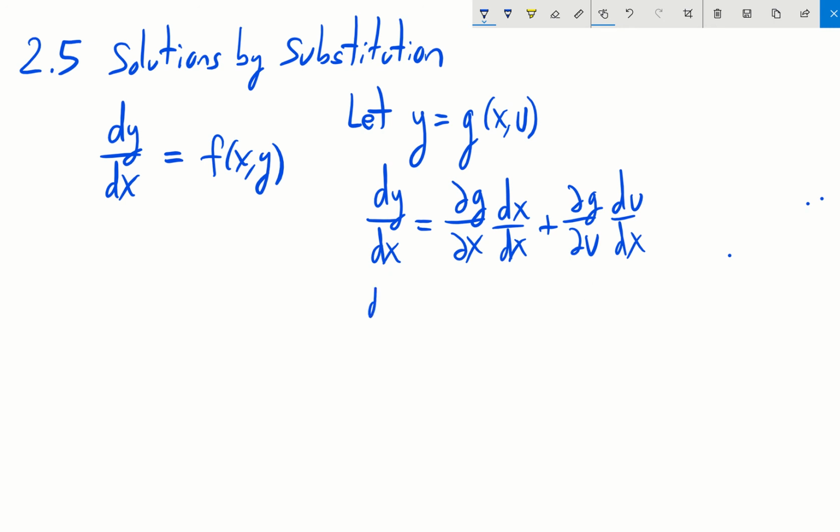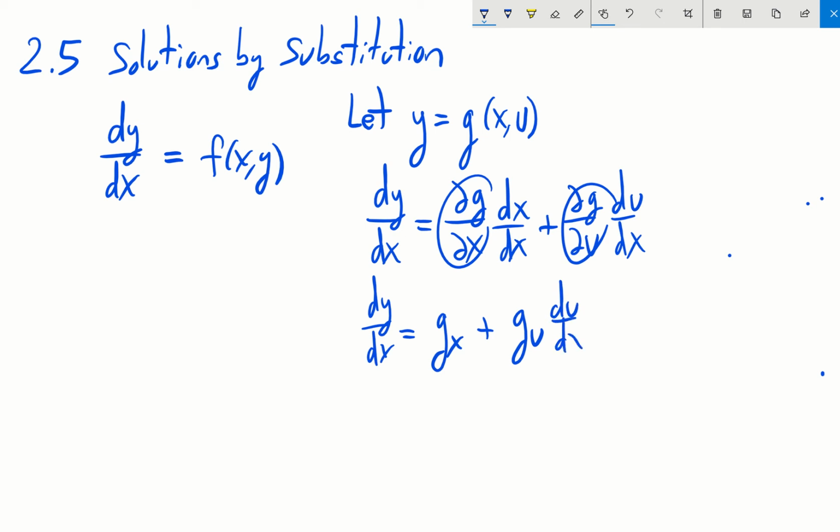For the partial notation, let me just use the old school. It's going to be g sub x, the partial of g with respect to x, dx over dx is just 1, plus the partial of g with respect to u times du dx.